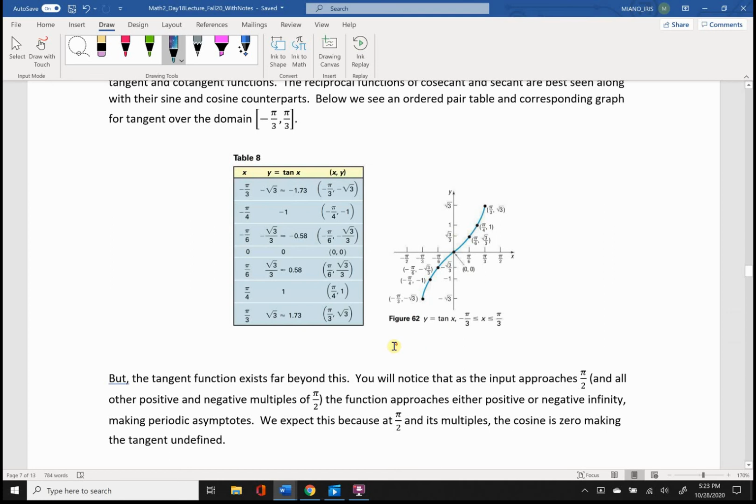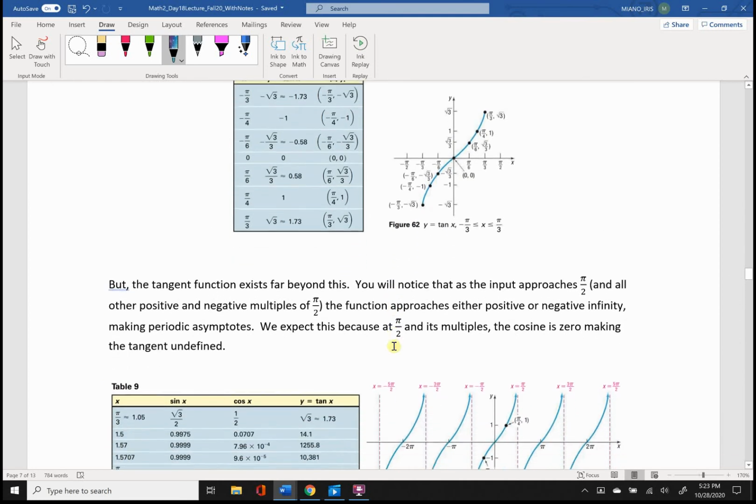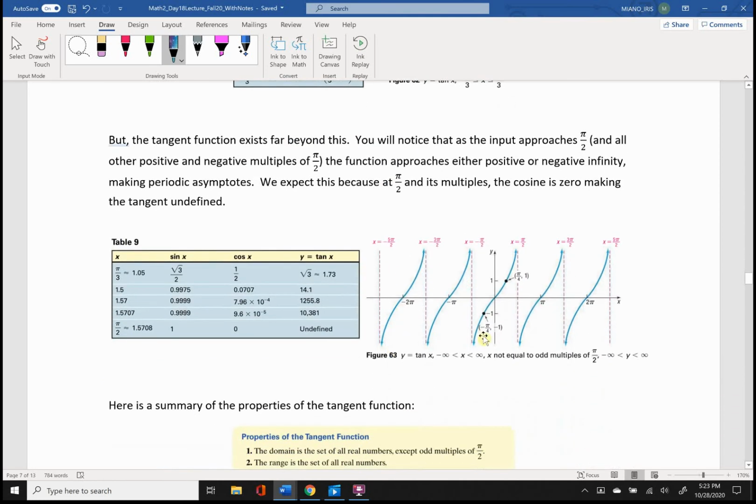But they do ride asymptotes. As I scroll down, you'll see that this curvy trajectory indeed does follow asymptotes at multiples of pi over 2, and the trajectory repeats itself every period of pi. So the distance between asymptotes has a width of pi.